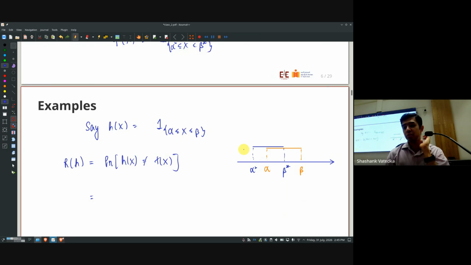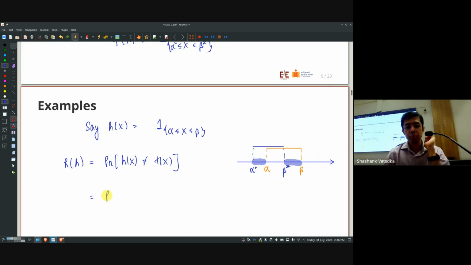Yeah, so you also make a correct decision if it is less than alpha star or greater than beta, right? So you make an error if you lie in this particular interval or this particular interval. Right?